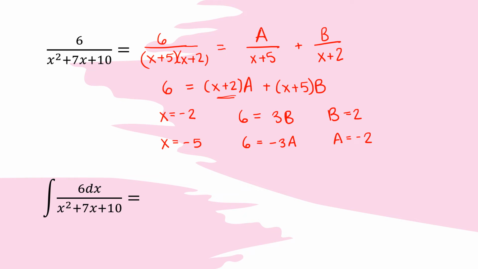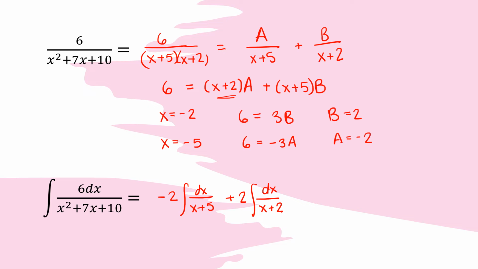So rewriting this integral as something that's easier to do, we can take a over x plus 5, or simply kick out the negative 2, that is a, and leave it as dx over x plus 5. And then plus b, which we can kick out, plus 2, the integral dx over x plus 2.